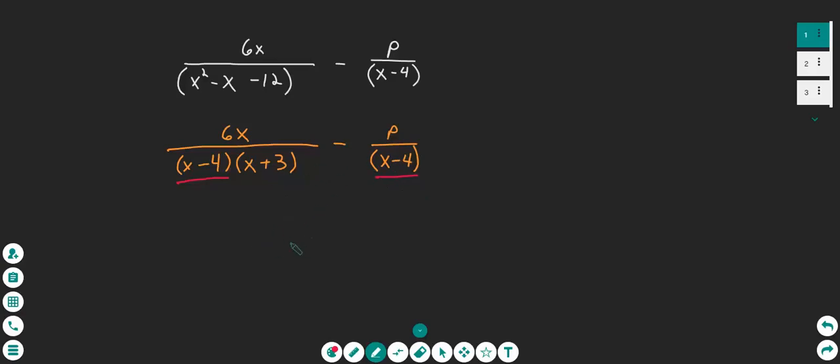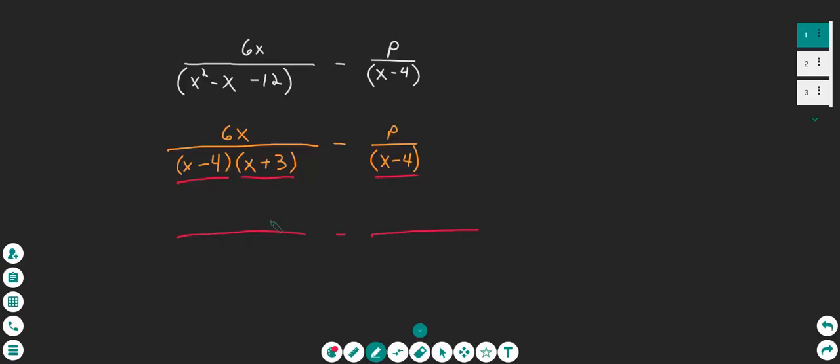So if I'm going to rewrite these fractions with a common denominator, and then I'll subtract them, what's the common denominator? Well, this first fraction has a factor of x minus 4, and it has a factor x plus 3. Those are the two factors, okay?